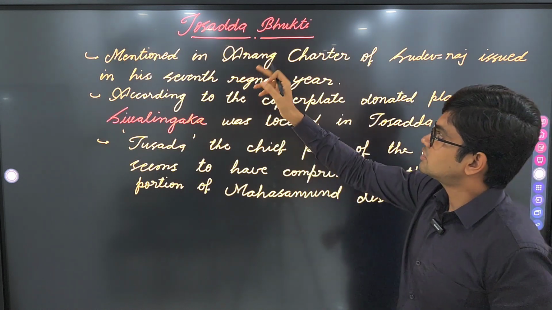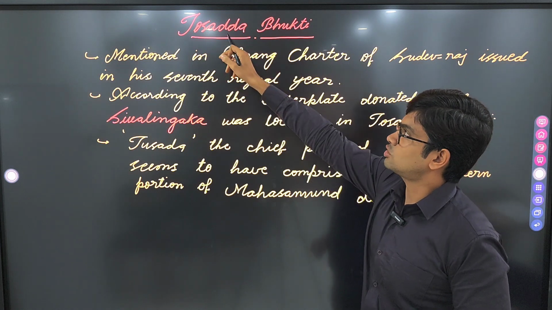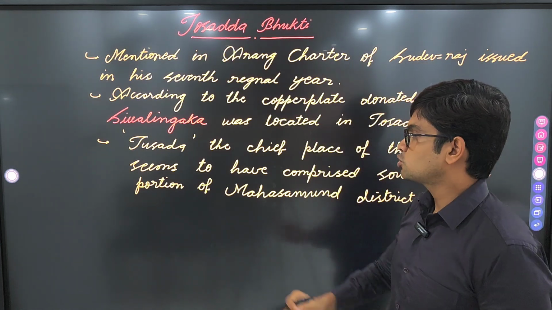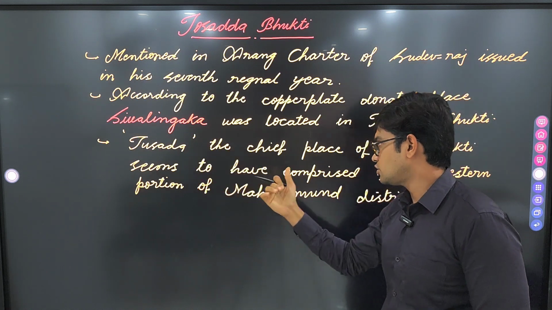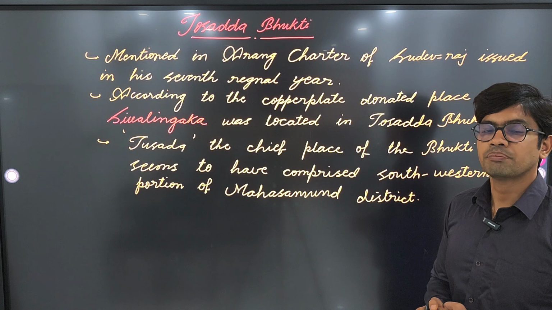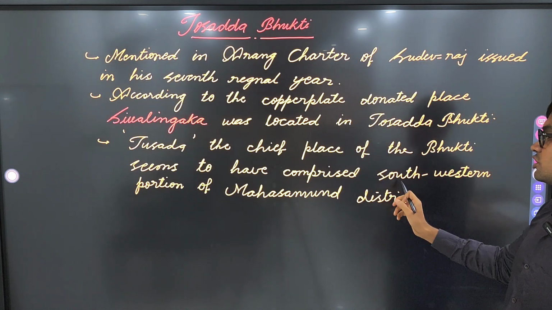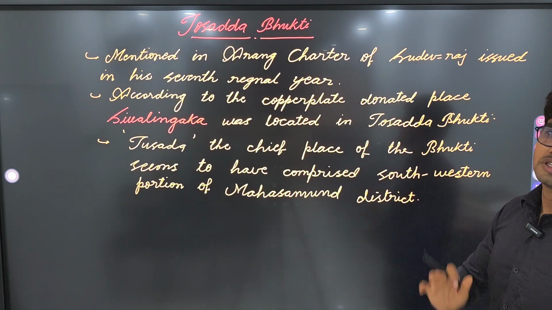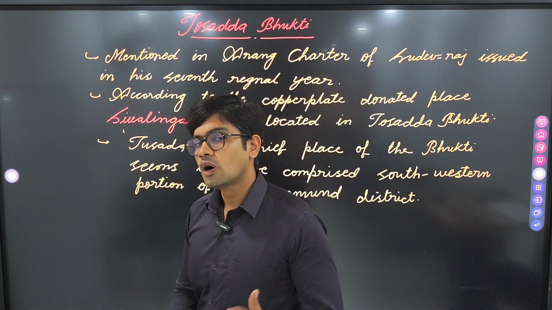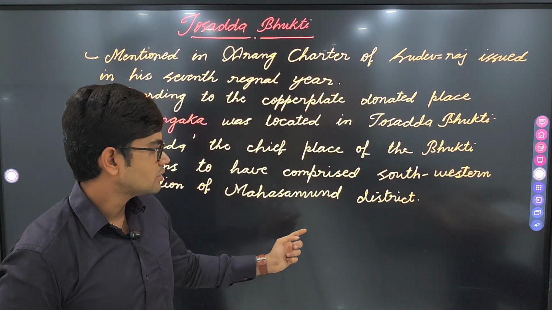The chief place of Tosadda Bhukti is Tosadda, which was also known as Tusada. This Tusada, which was the chief place of the Bhukti, seems to have comprised the southwestern portion of Mahasamund district. So Tusada has been identified with the southwestern portion of Mahasamund district.